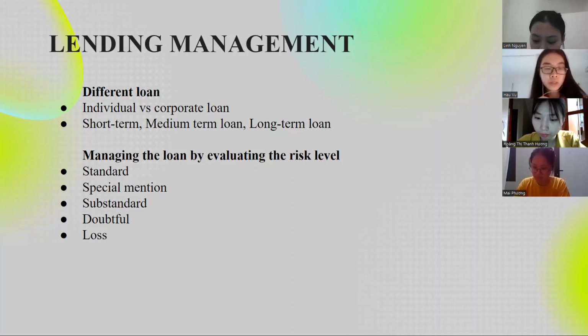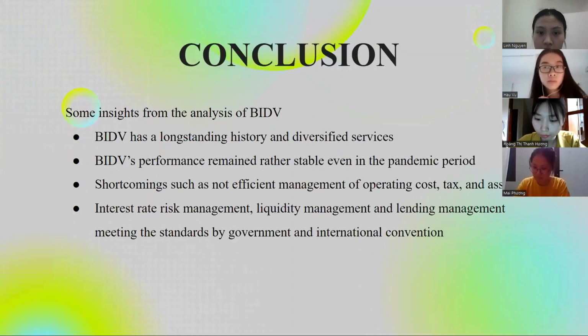In conclusion, we evaluate BIDV's performance based on key ratios on the financial statement, interest rate management, capital management, and liquidity and lending management. After the analysis, we find that BIDV operated stably in the 3 years from 2019 to 2021.